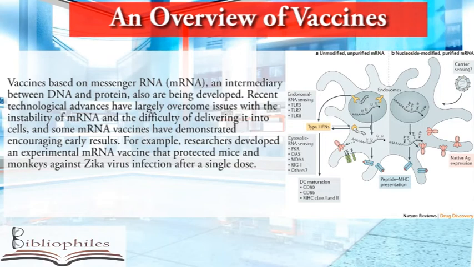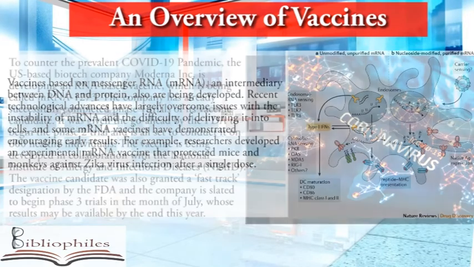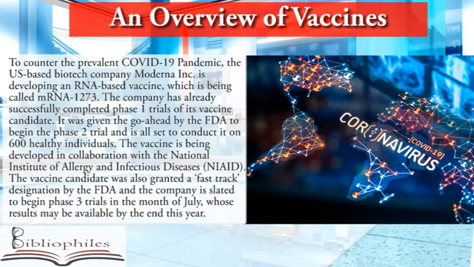For example, researchers developed an experimental mRNA vaccine that protected mice and monkeys against Zika virus infection after a single dose. Most importantly, to counter the prevalent COVID-19 pandemic, the US-based biotech company Moderna Inc. is developing an RNA-based vaccine, which is being called mRNA-1273.